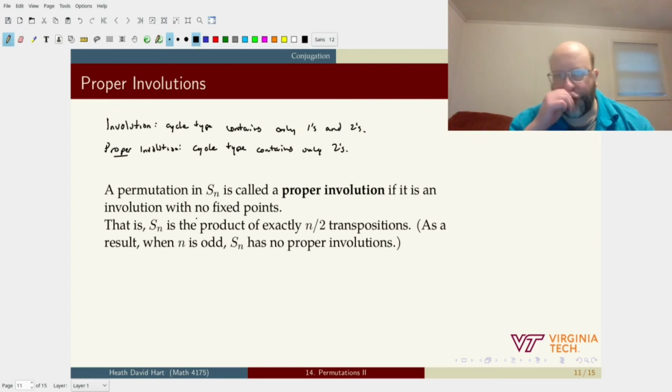It has no fixed points. So every element is being permuted, and no element is being permuted to itself. That's the idea. So S_n is the product of exactly n over 2 transpositions. And that means that n has to be even for this to work, but we do have an even number of letters in the alphabet, so we're good.